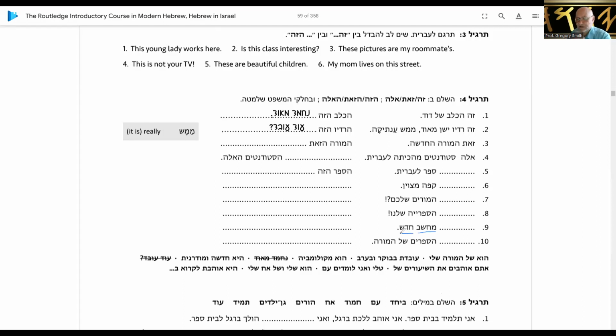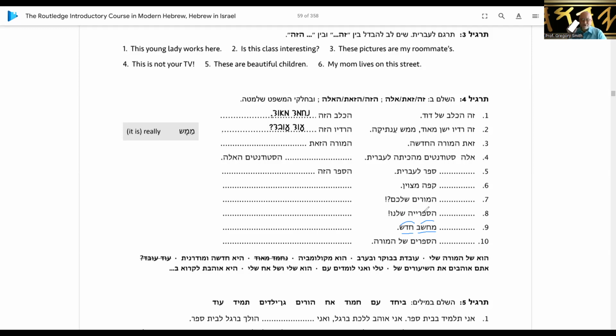Machashev Hadash. That's not Mechashev Hadash. Okay, that's right. New computer. מחשב חדש. Machashev is a computer. Okay, Machashev Hadash. So the question is, is Machashev gendered as masculine?